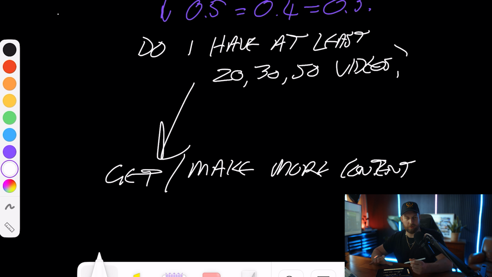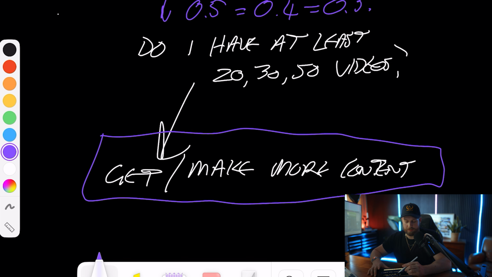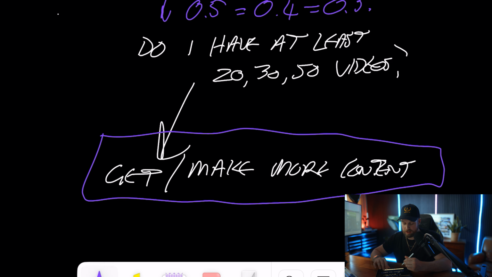Content will get you better results and fuel GMV Max more than messing around with the ROI and the target spend and budget and all that, okay? This will get you more results if you focus on getting more content, because why it will convert and why it won't convert is always the creative, okay? It always comes back to the creative.